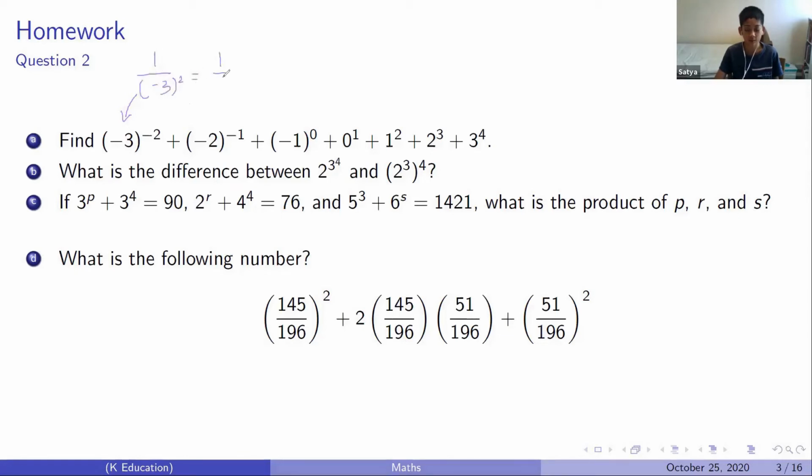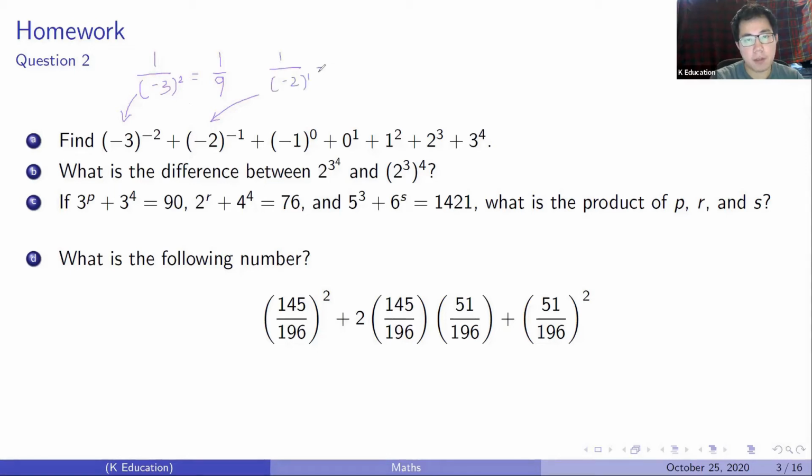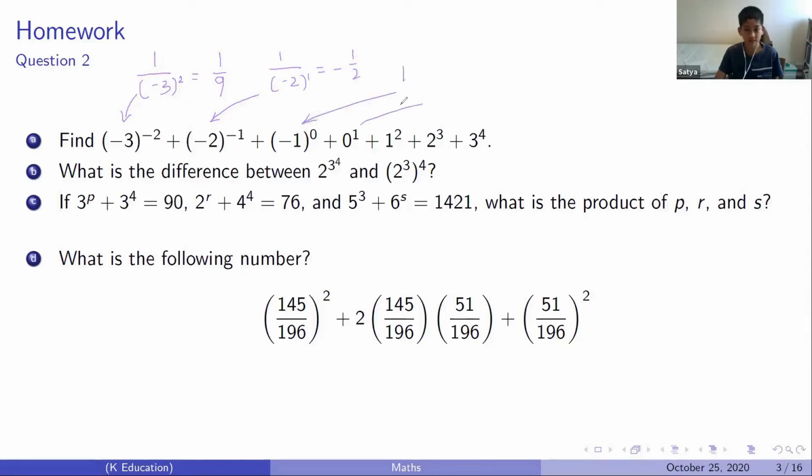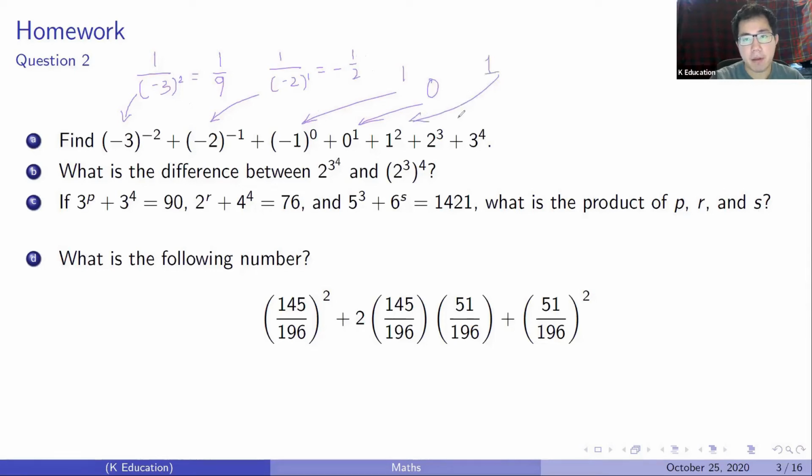Yes, that's right. Then it's minus 1/2. Yeah, so this is 1 over minus 2 to the power of 1, which is just, yeah, you're right, minus a half. And then 1. Yeah, this is just 1. And then 0. Yeah. 1. Mm-hmm. Then 8. Yeah. Then 81. Okay, right.